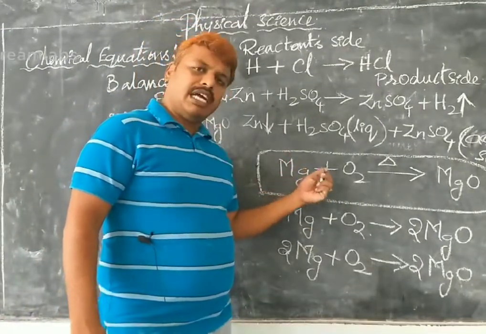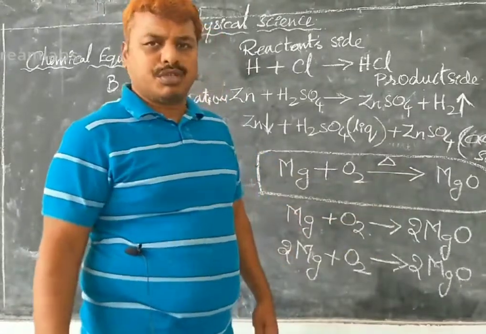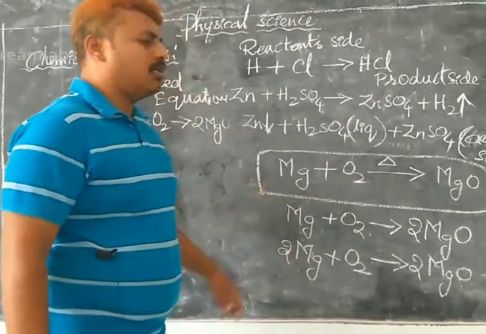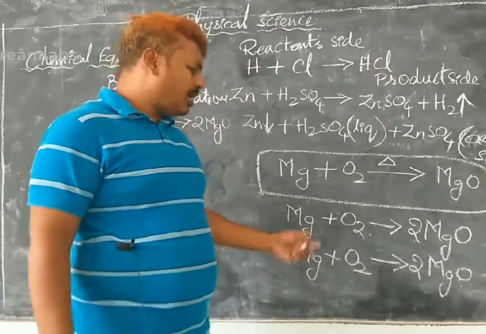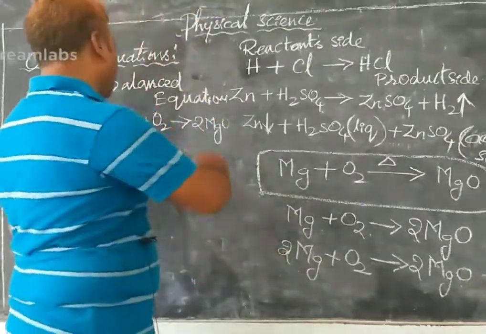On the reactant side, count how many atoms you have. On the product side, you need to count them too. Do you have any doubt? Now let us have a tabular form so that we will understand better.